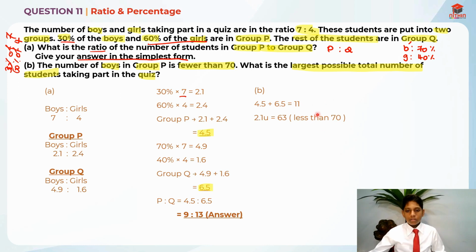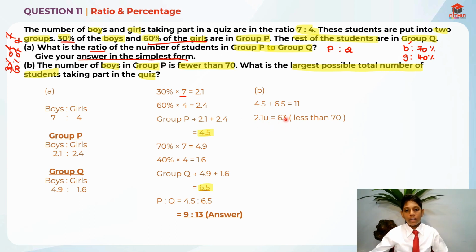So that wouldn't work out, because when you round up the answer, when you divide it by 2.1, you actually get a higher number than 70, so that will be wrong, and thus 63 will be the right number for this answer. So 2.1 units is actually 63.